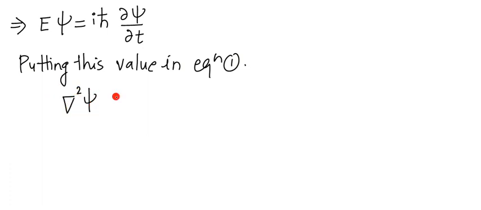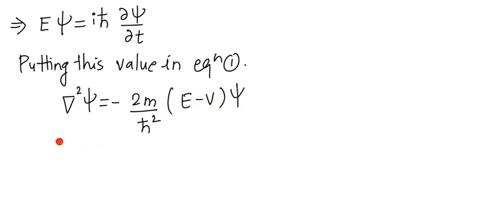then what will happen? Nabla square psi plus 2m by h cut square (E minus V) psi. I mean to say that we can write in this way also. I will arrange it a little bit. I will just take this to the right hand side, E minus V psi.